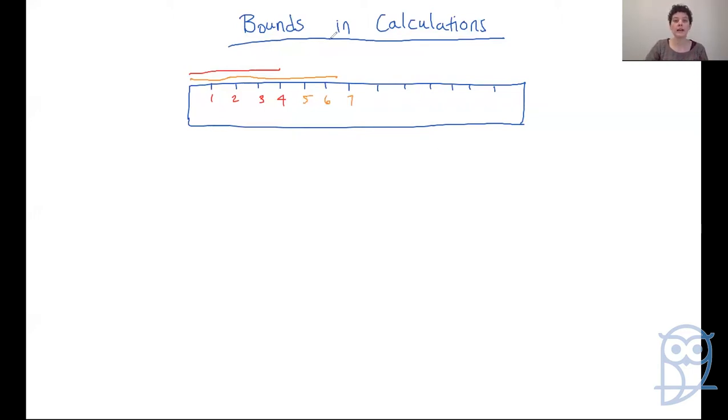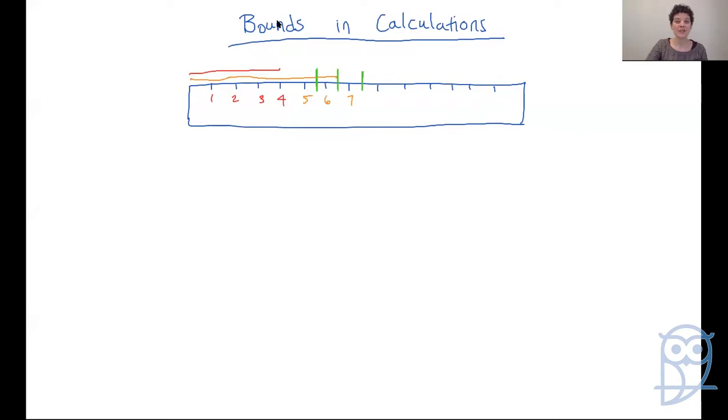So what we're saying is that anything basically from 5.5 to 6.5, we would call 6. Anything from 6.5 to 7.5, we would call 7. If we're measuring to the nearest centimeter, we could go half a centimeter up or down and still call it that centimeter.